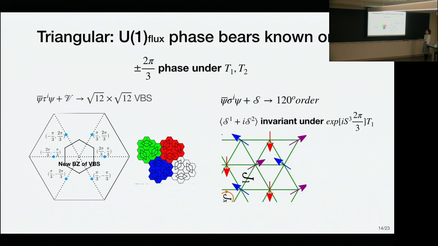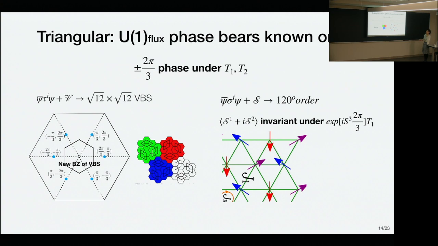So this phase factor must be compensated by an additional spin rotation. This means that the resulting ordered phase has to be invariant under a translation T1 combined with a spin rotation of 2 pi over 3, which naturally gives the 120-degree orders.